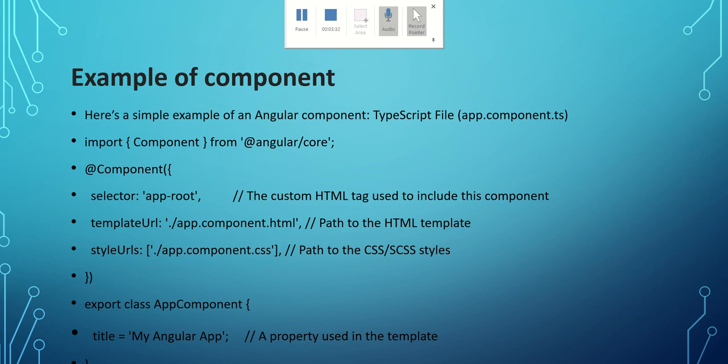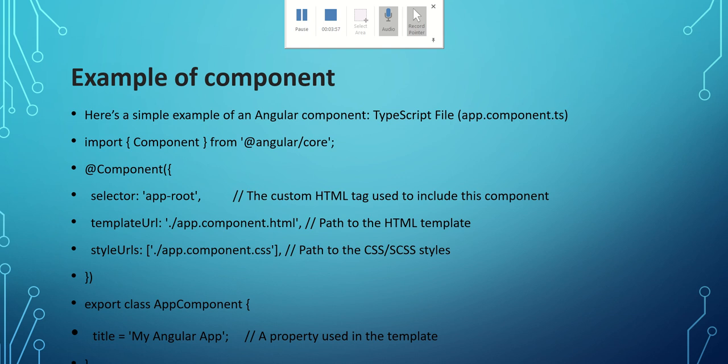So selector is app-root. If we want to inject this component in our application, then we will use the selector app-root, and the template URL is the app.component.html file. So this is the HTML file for our component. And the third is style URL. So it is a CSS file for the designing and look and feel of the component.